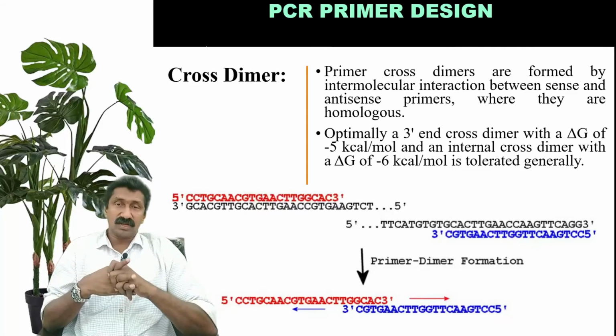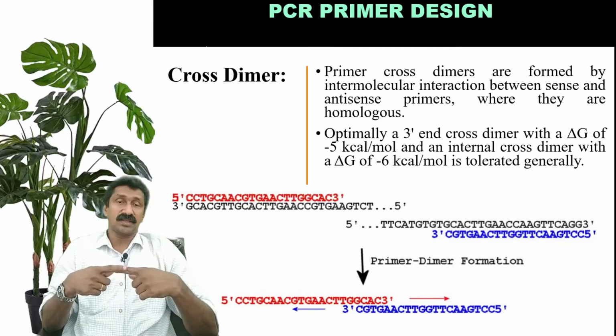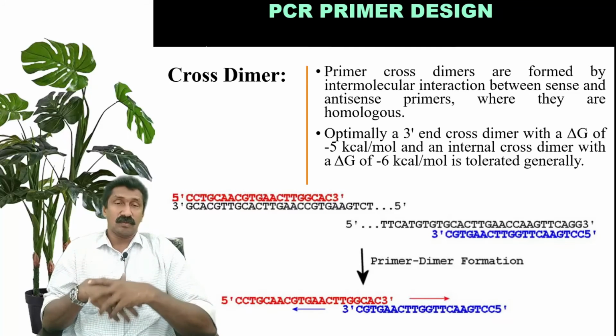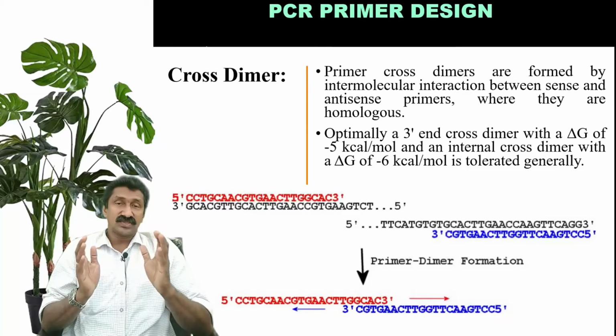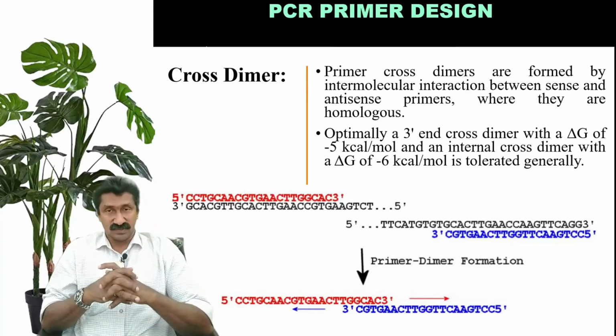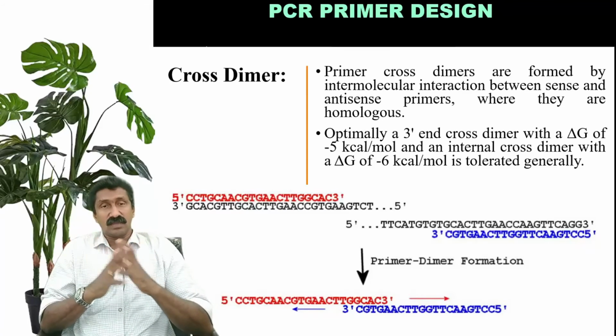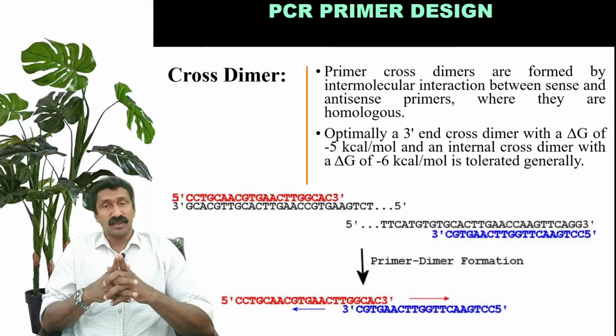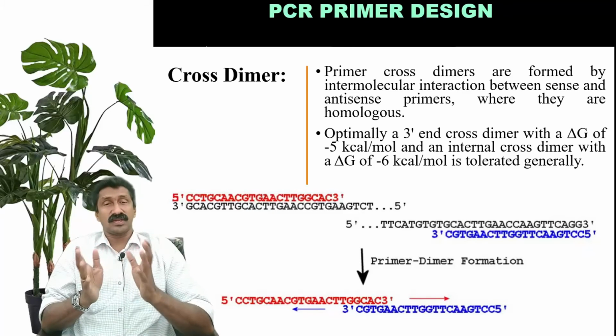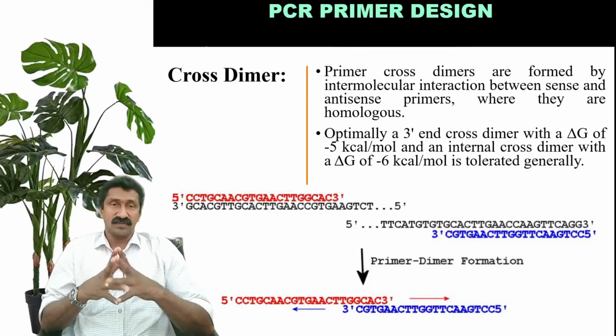But in the cross dimer, a forward and a reverse primer pair together through their complementary regions. Optimally, a 3' end cross dimer with a delta G of -5 kcal per mole and an internal cross dimer with -6 kcal per mole is generally tolerated. This is just like the previous case.